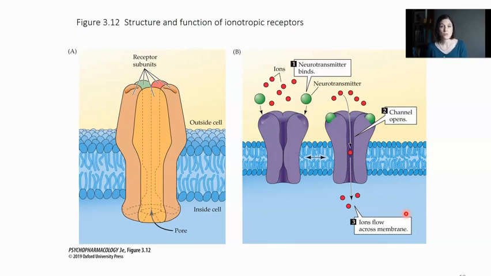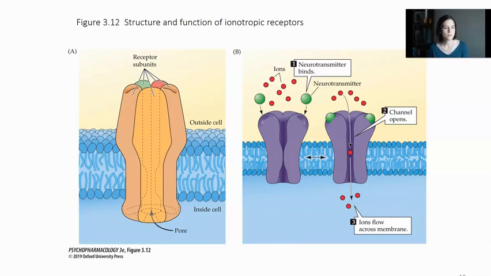Other ionotropic receptors can pass sodium and calcium, such as the NMDA receptor. And that is important because it determines what's going to happen in the cell once the channel opens. Some ionotropic receptors can pass chloride, and that will obviously produce a hyperpolarization response versus a depolarization response. So all of those properties are very important.